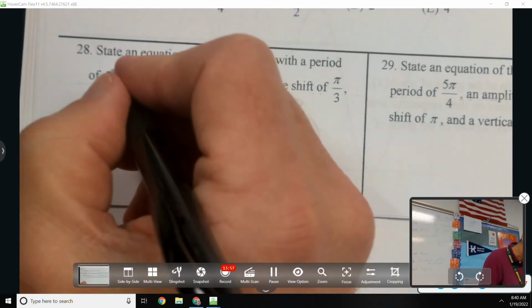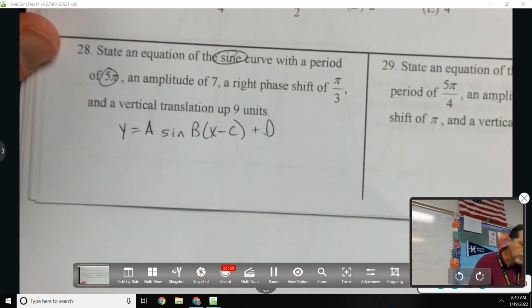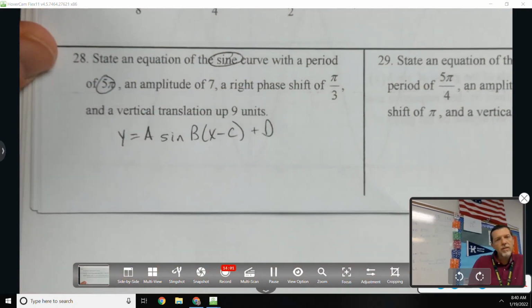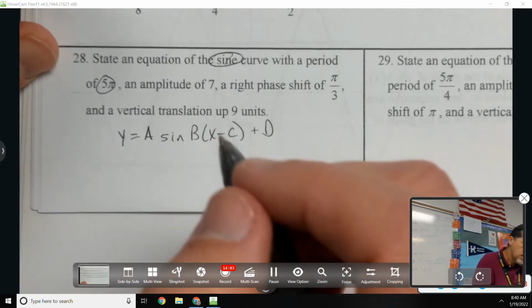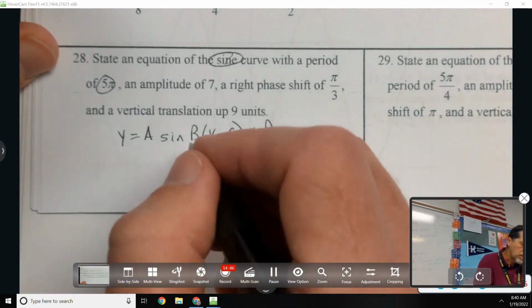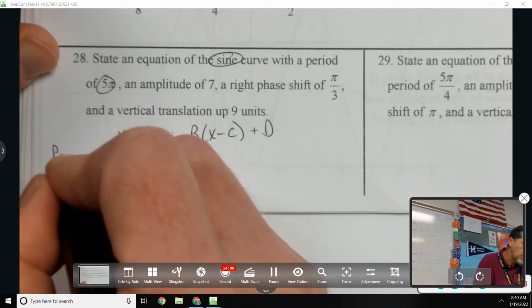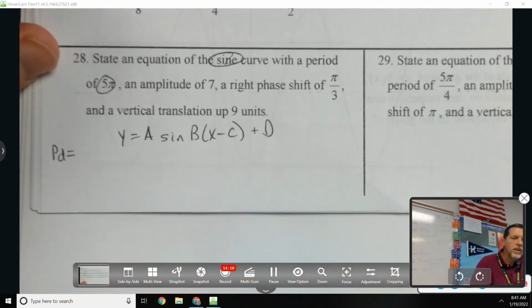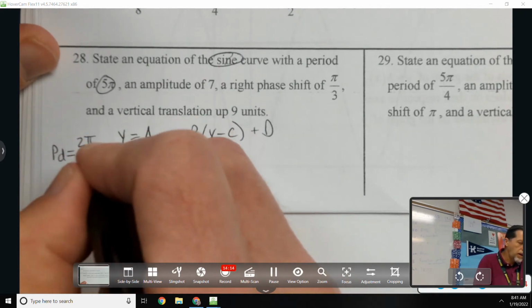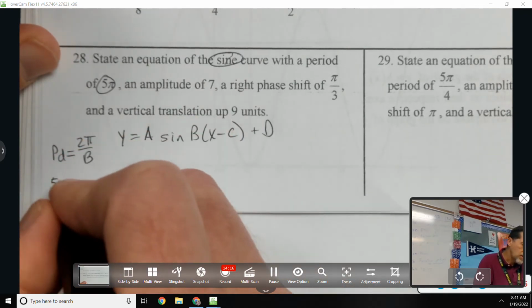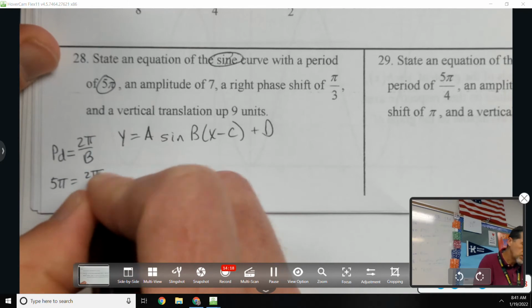Period of 5 pi. So what do I do with that? What do I do with 5 pi? What's the period equal to? 2 pi over b. So 5 pi equals 2 pi over b.